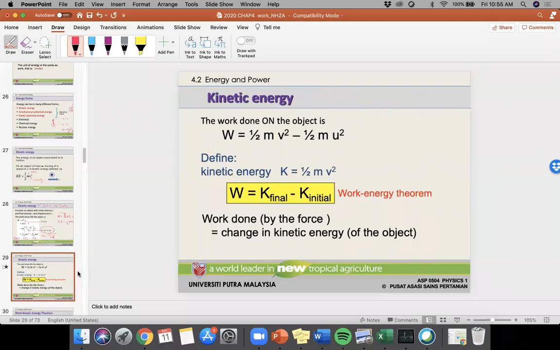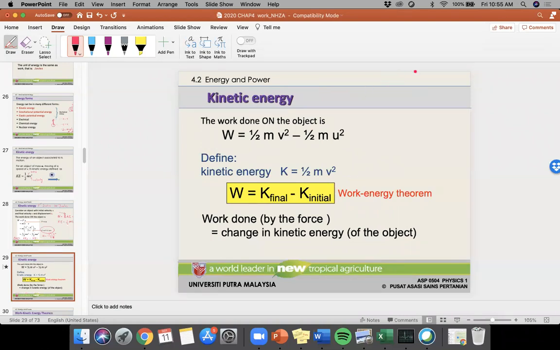So if your exam asks you, define the work energy theorem, you give me this equation, W equals K final minus K initial. Now, I wouldn't know if you know what K is, right?